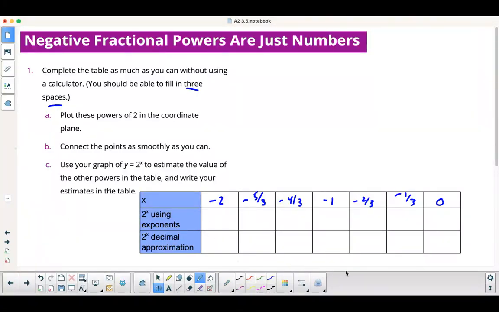So I'm going to just basically rewrite all those with those exponents. So 2 to the -2, 2 to the -5/3. I'm just going to go through the whole thing.